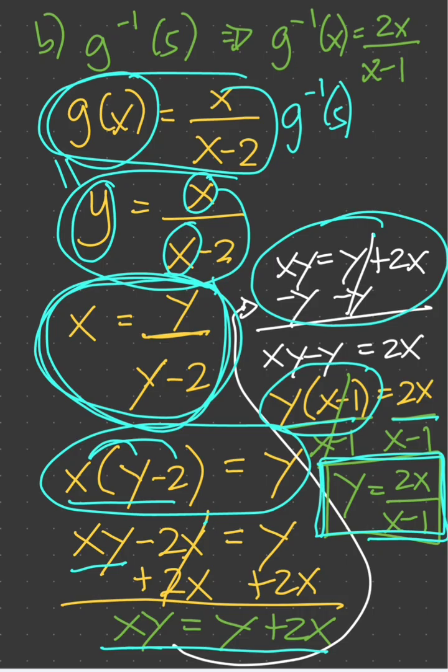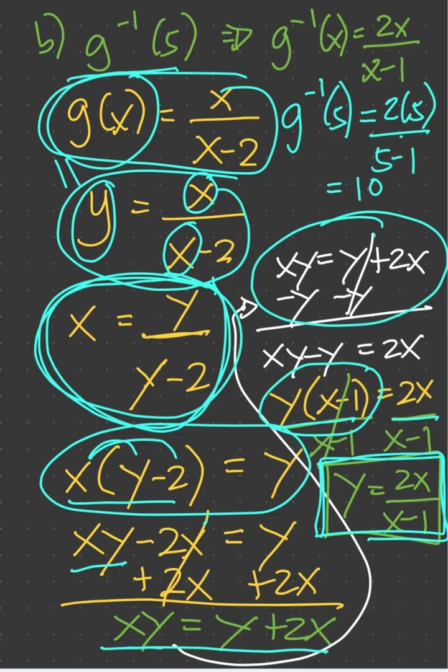Okay? But the question is g inverse of 5. So we solve for the value of y when x is 5. So we just substitute 5 here. So 2 times 5 over 5 minus 1.